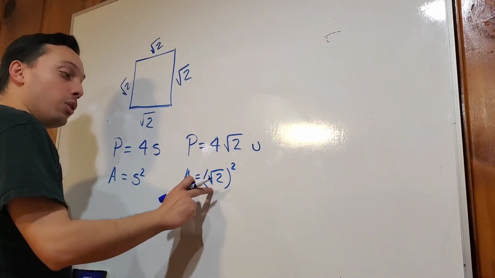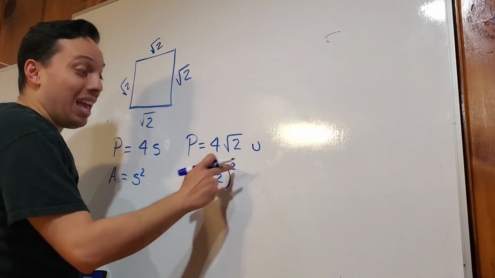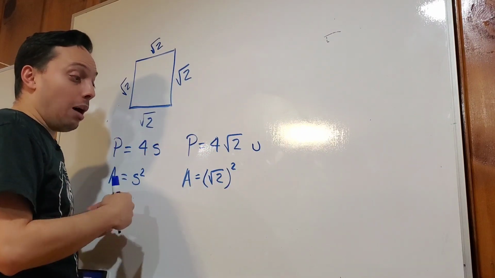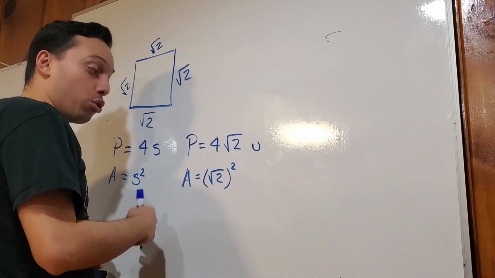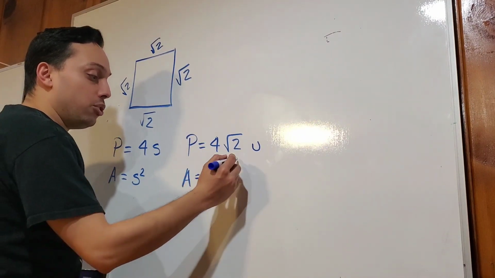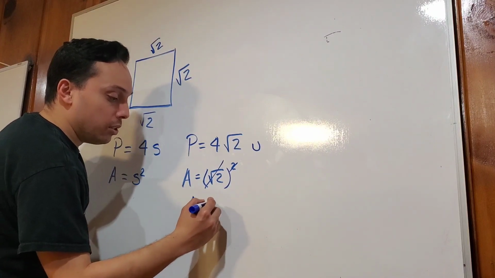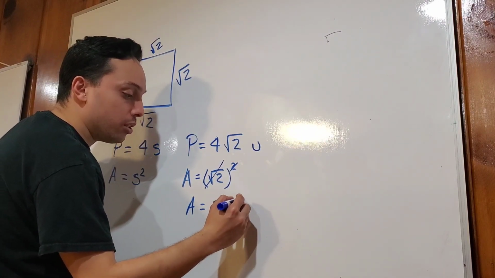But because square root of 2 and squared are opposite operations, like adding or subtracting or multiplying and dividing, they're going to cancel each other out. And so the area for my square is going to be 2 units squared.